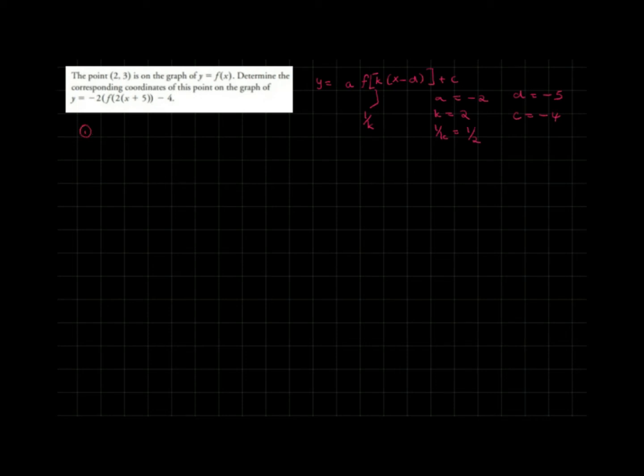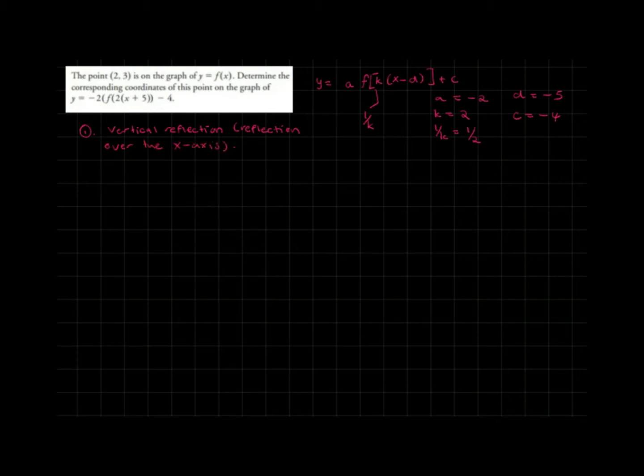So having said that, you always want to do your vertical and horizontal modifications, which includes reflections, first, and then you want to do your shifts. So the first transformation here is a vertical reflection, or reflection over the x-axis.